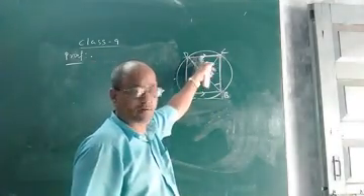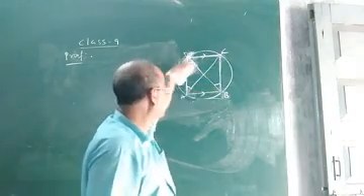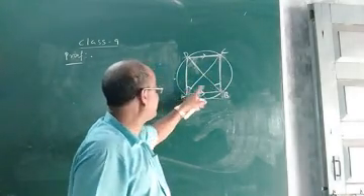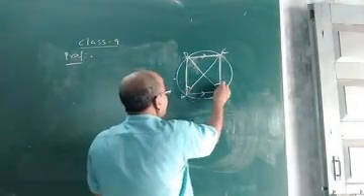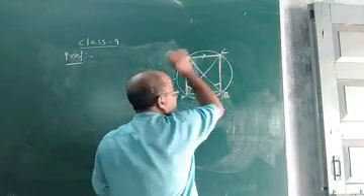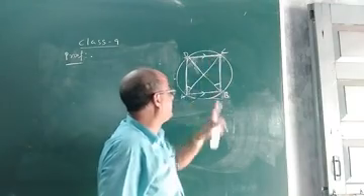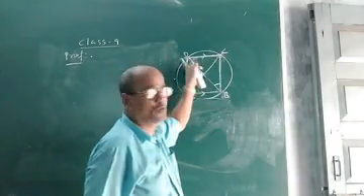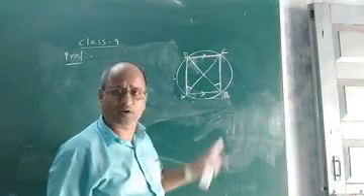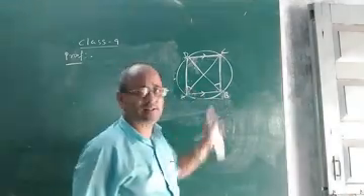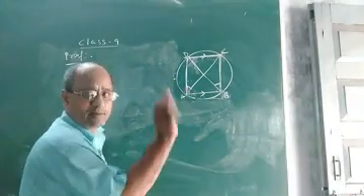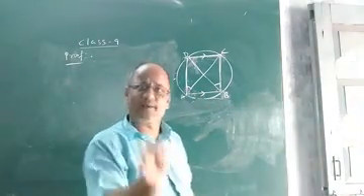These two angles, angle DAC and angle CBD, are joined to the two endpoints D and C of the same chord DC. That means these two angles are in the same segment, so they will be equal.